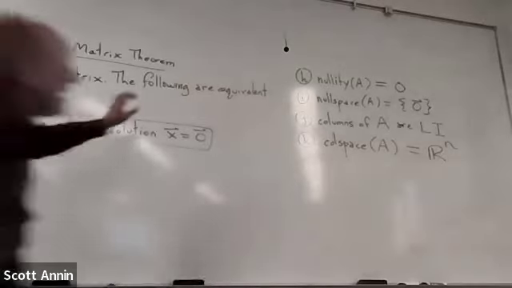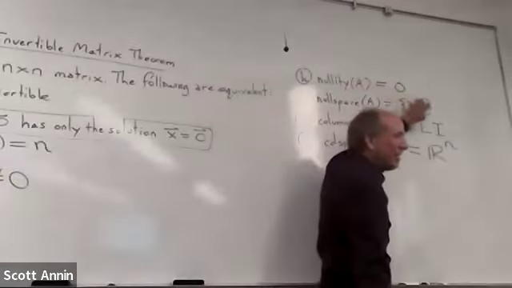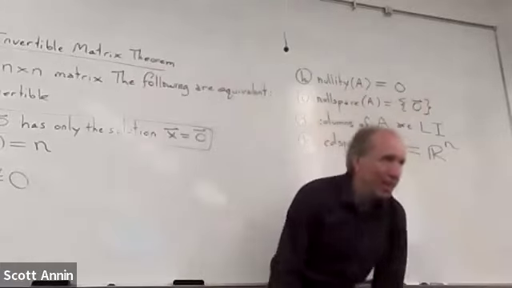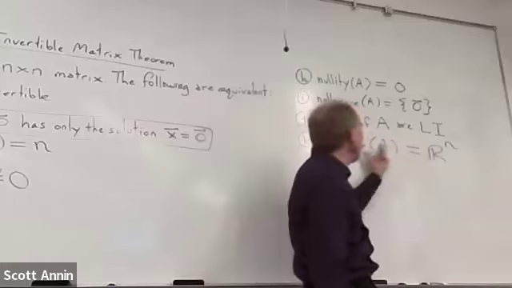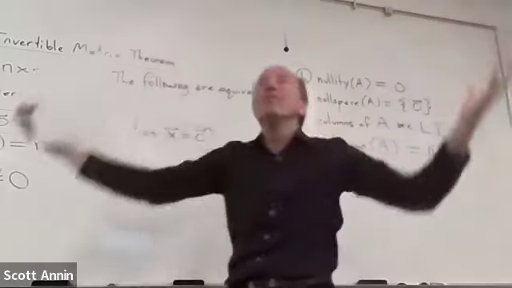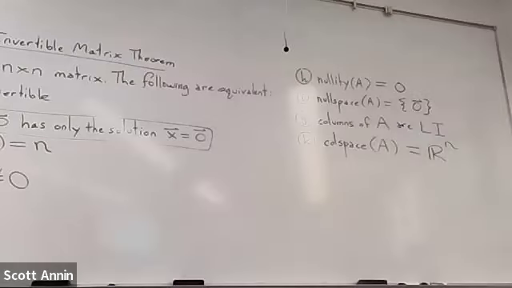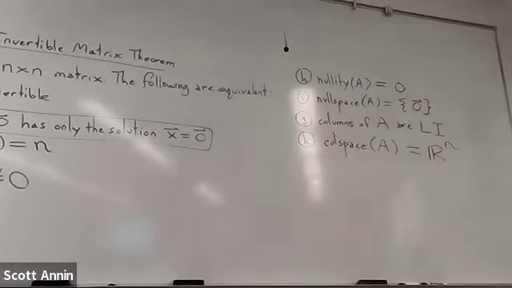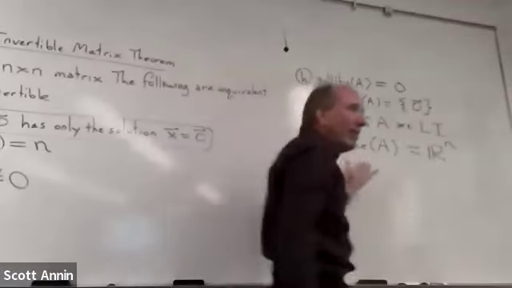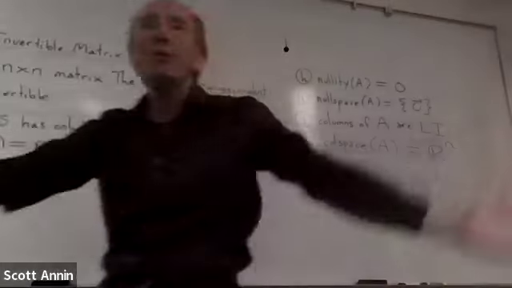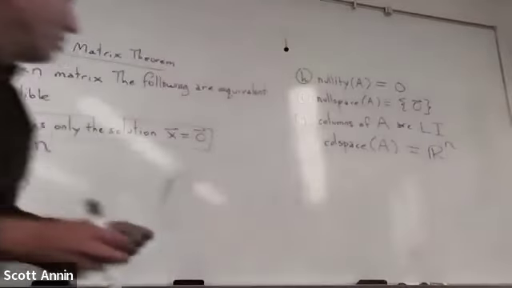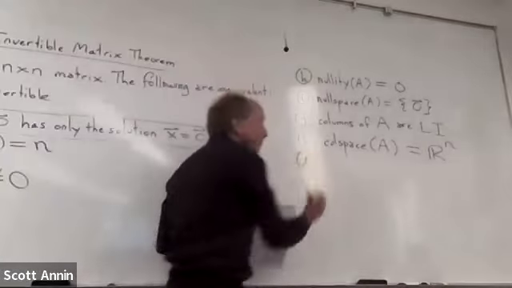So an invertible matrix has a tiny null space and a massive column space. It's as big as it could be. You can't get any bigger than the full big universe that your columns are living in. All of your columns are living in Rn, and you're saying that the span of those columns is the entire universe. That's huge.